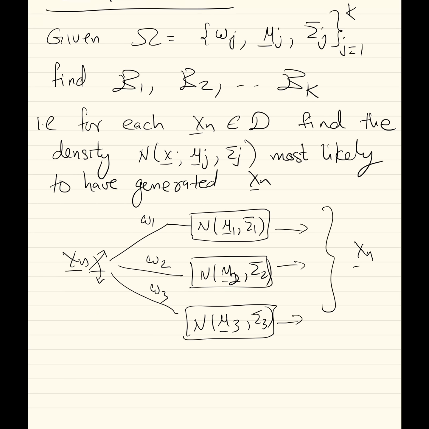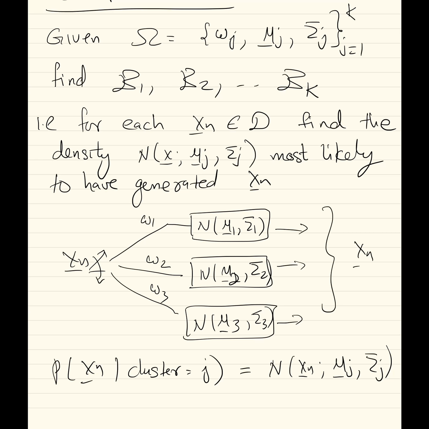So what we have is p of xn, given that the cluster equals j, is a Gaussian with mean mu j and covariance sigma j. This is given to us now. If I know that I took the jth branch, then I know the density function that was responsible for sampling xn.